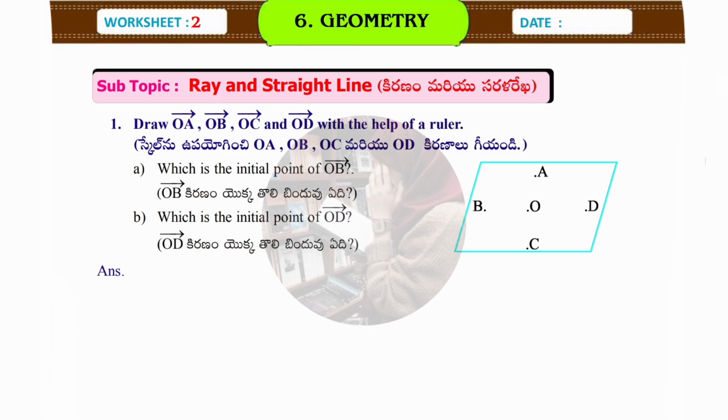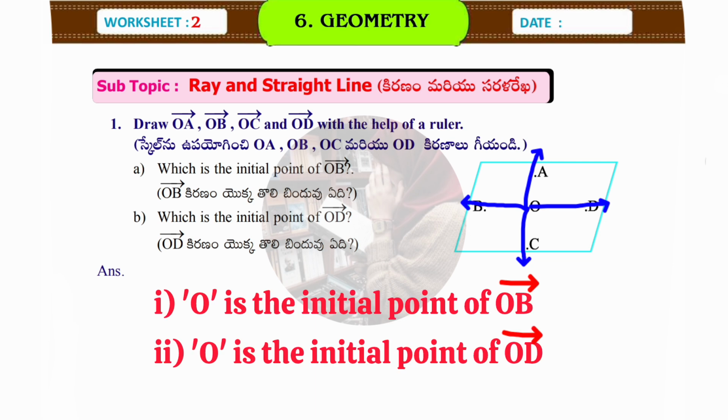Firstly we will draw the rays OA, OB, OC and OD. Now we will give the answers for the given questions. First question is, what is the initial point of OB? So the answer is O is the initial point of OB. Second question, what is the initial point of OD? So here also O is the initial point of OD. Understood guys? Don't get confused. Okay. Have you written?